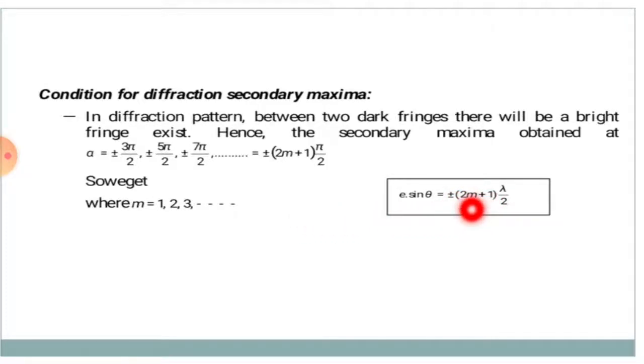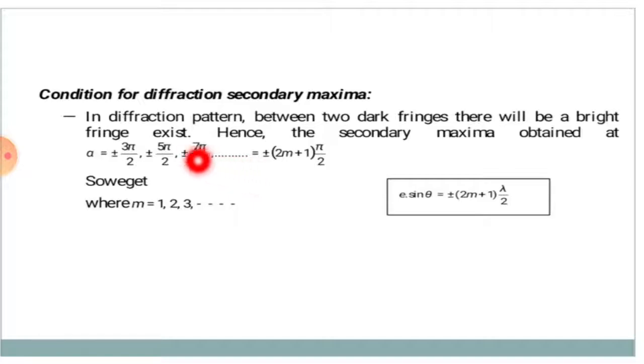Here m is equal to 1, we will get path difference 3 lambda by 2, then the two waves interfere constructively, and we will get secondary maxima at that point. Here m is equal to 2, the path difference between the waves diffracted from a single slit is 5 lambda by 2, then we will get the second order maxima on both sides of the central maxima.